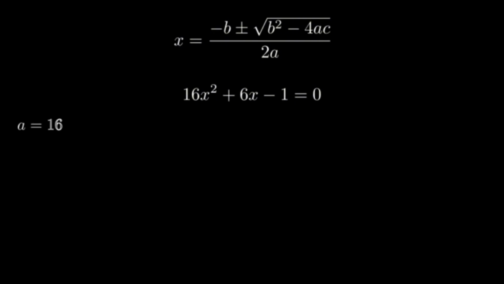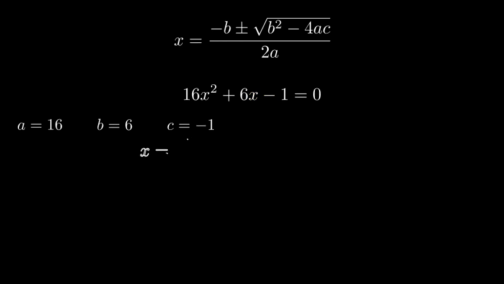To use the quadratic formula, we first need to identify the coefficients from our equation in standard form. Looking at our equation in the form ax^2 + bx + c = 0, we can identify that a is 16, the coefficient of x^2. The coefficient b is 6, which is the coefficient of x. And c is -1, the constant term in our equation.